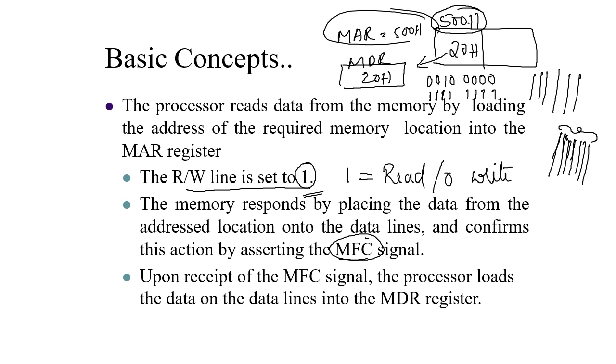Based on the data, whether it is 1 or 0, the corresponding bus line is pulled high or pulled low. And this status that is present in the data bus is loaded into the MDR register once the MFC signal is received. This is how a transfer of data from memory to the processor takes place.